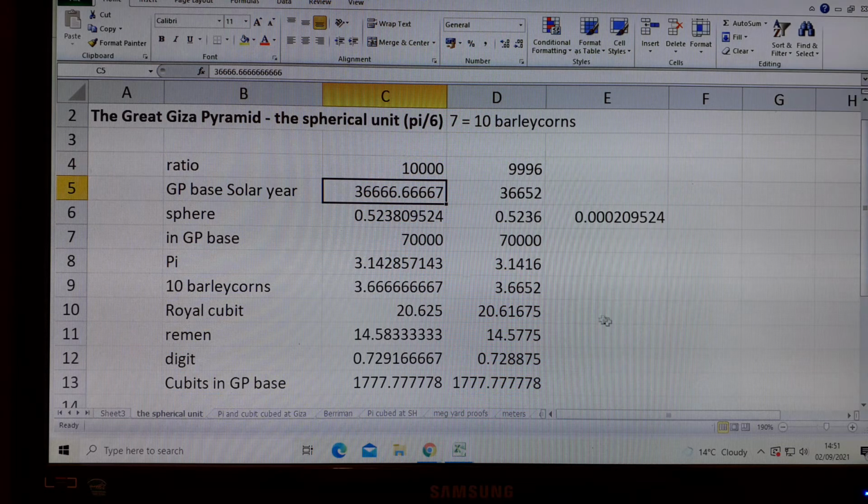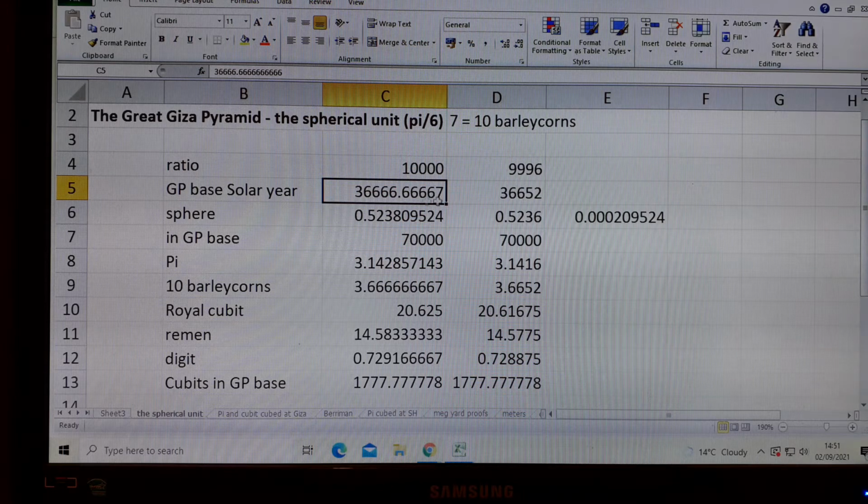we know now, based on the previous presentation, that the ancient designers have used cubic units to produce this GP-based solar year of 36666.666 inches. And 100 inches represents a day, which means that 1 minute represents 864 seconds at the Giza base.